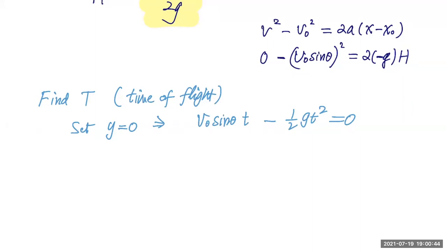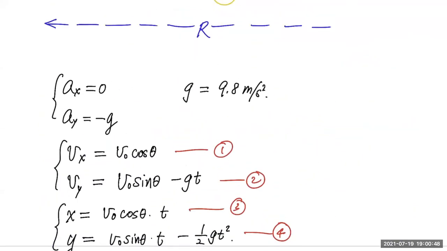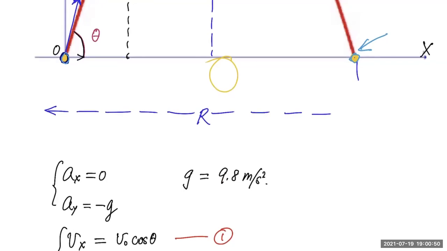But that is useless because that only means this moment right here at the very beginning of the launch. Of course t equal to 0 and y is also equal to 0, but that's not what we're looking for. We're looking for the other moment. Looking for this moment.